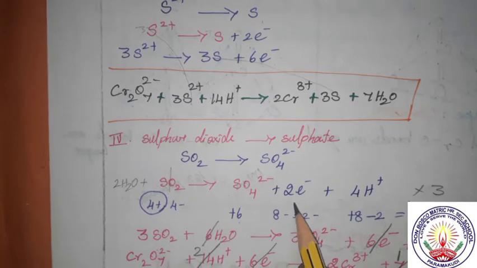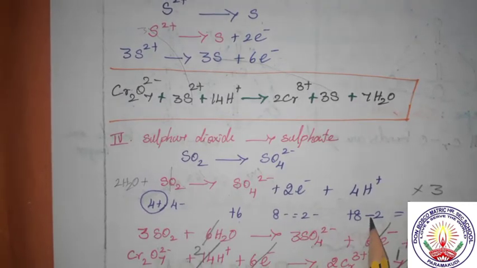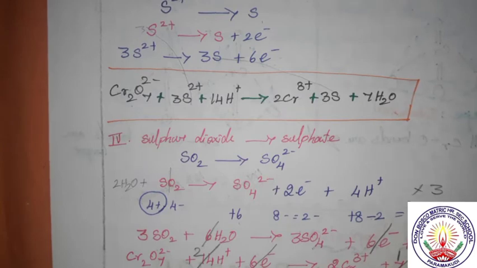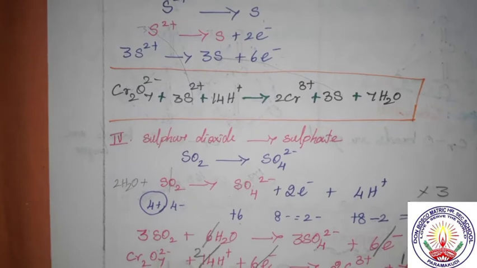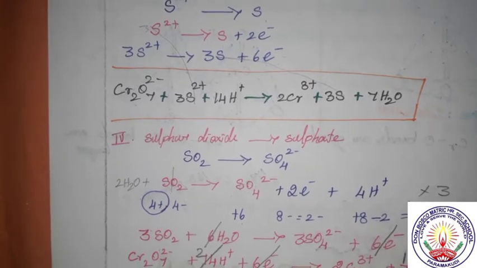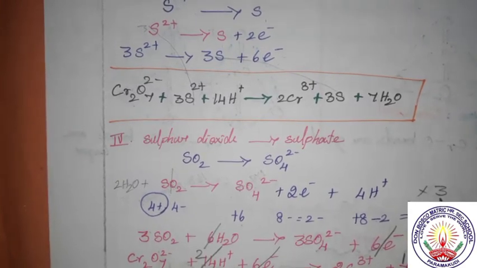So 8 minus 2 gives 6. So this side is 6 plus oxidation state and this side is 4 plus, so 2 electrons. Now in order to get 6 electrons we need to multiply with 3.